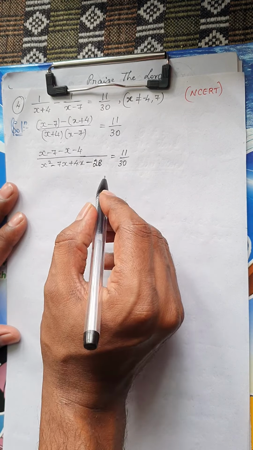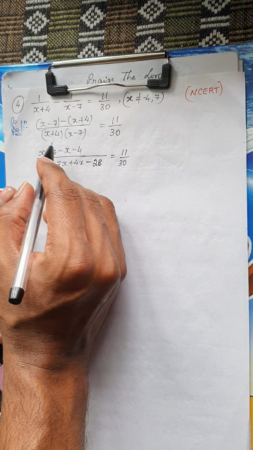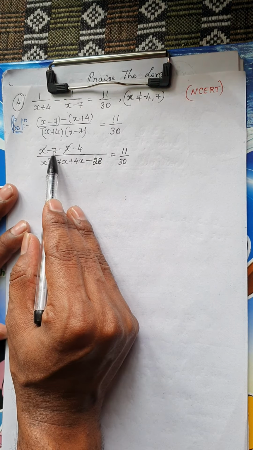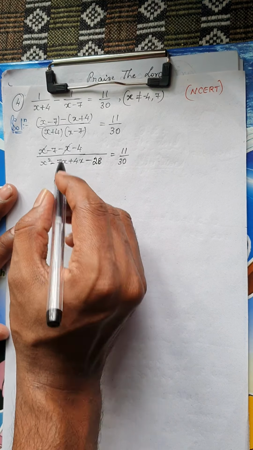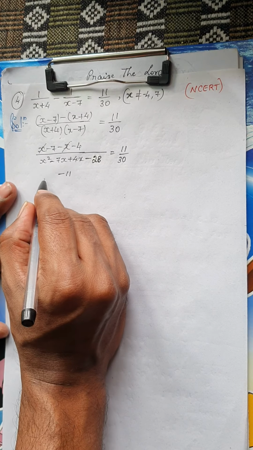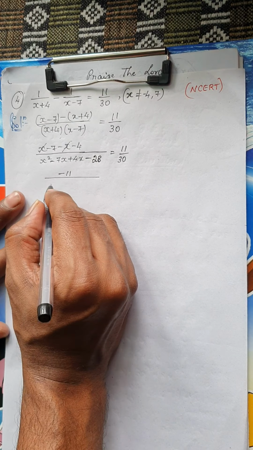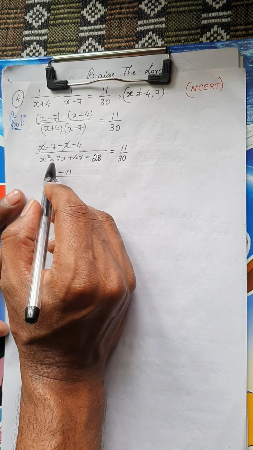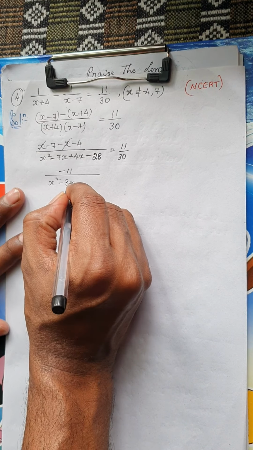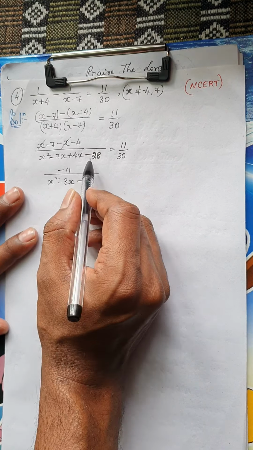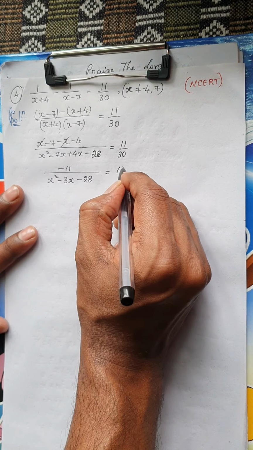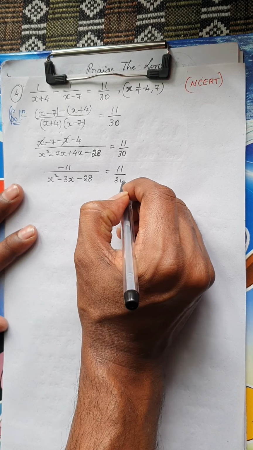That is nothing but 11 by 30. Here the numerator is minus 7 minus 4, which is minus 11, divided by x squared minus 7x plus 4x, which is minus 3x, minus 28. This is nothing but 11 divided by 30.